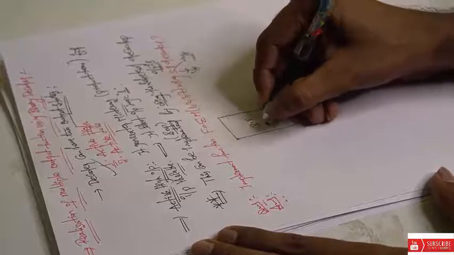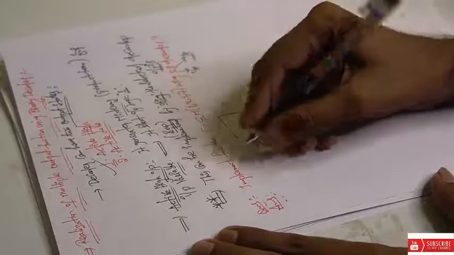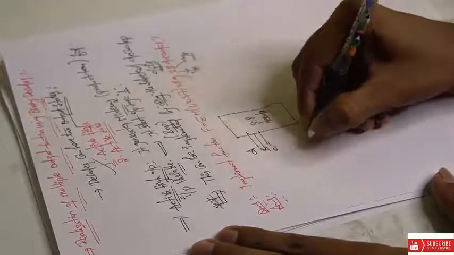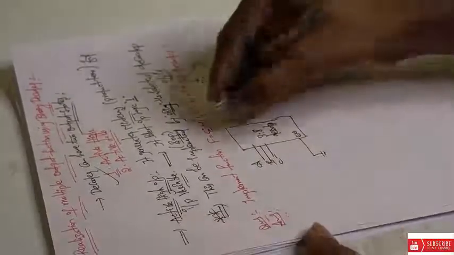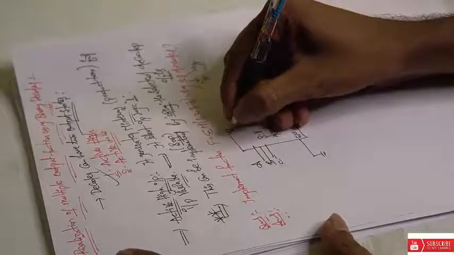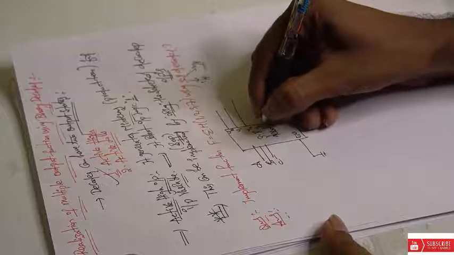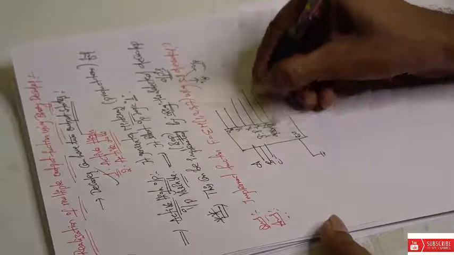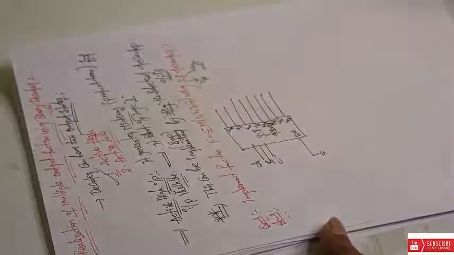If you take a 3 to 8 decoder, you will have 3 inputs, that will be A, B and C, and enable, and you will get 8 outputs, Y0, Y1, Y2, Y3, Y4, Y5, Y6 and Y7.